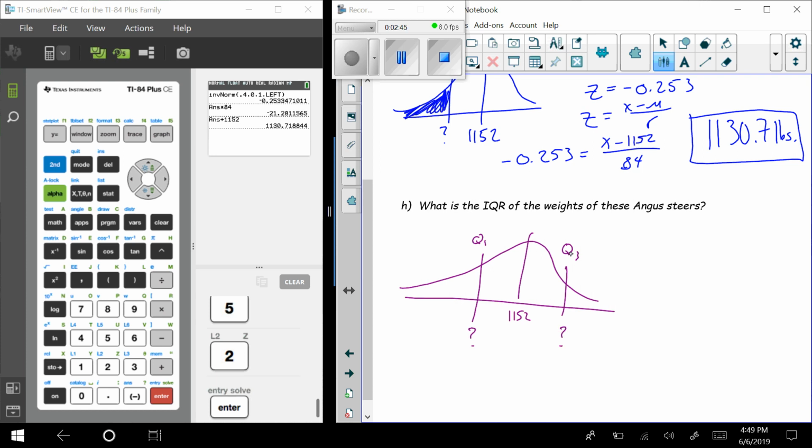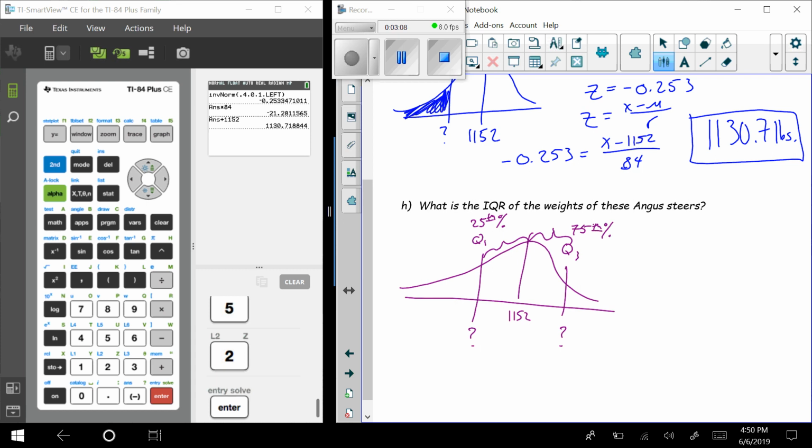Now, Q3 should be the same distance from the mean as Q1. So this distance right here should be the same. Okay, that's important. When I think about Q1, that's the 25th percentile. Q3, that's the 75th percentile.